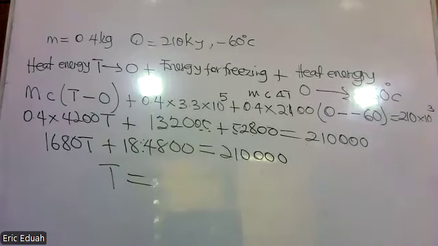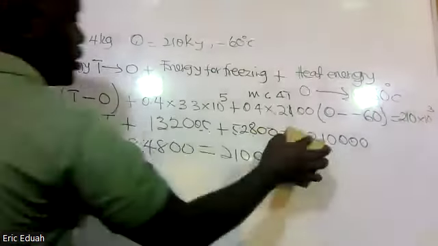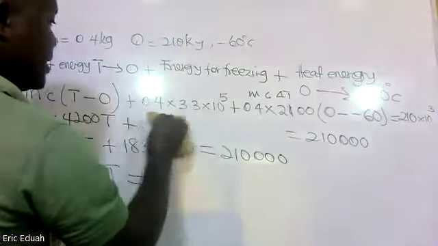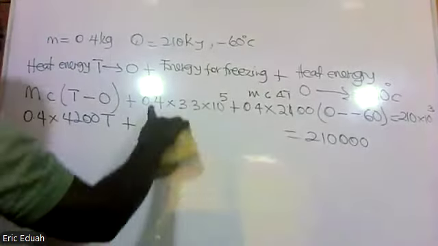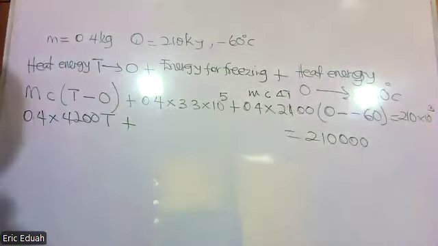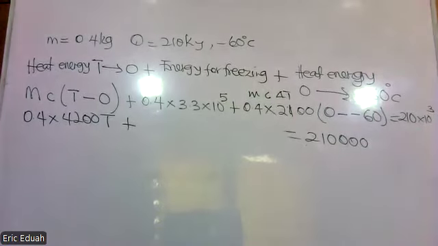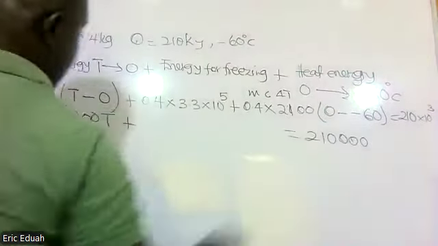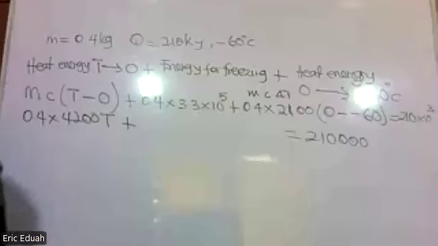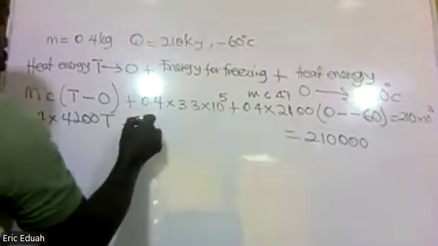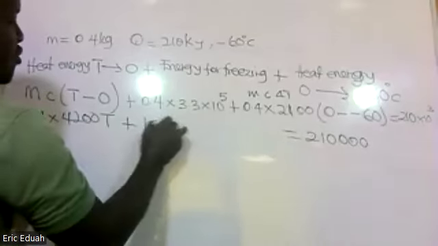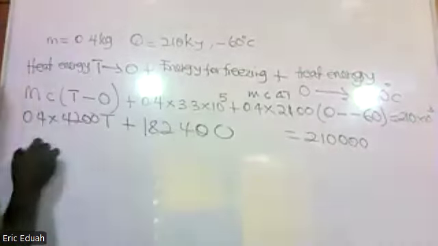Okay, and then the 52,000 will be 52,400. So just calculate this plus this for me: 182,400. Yes, all right.